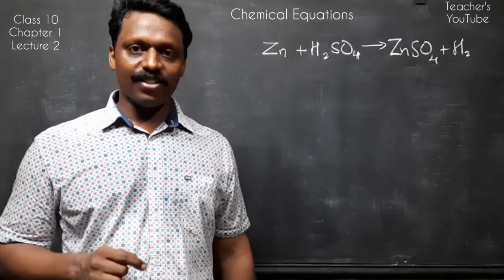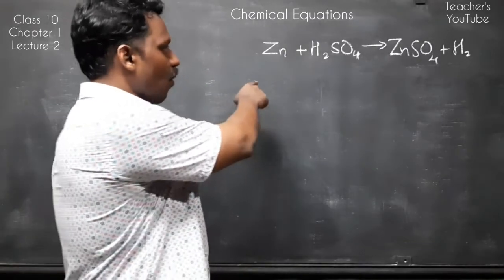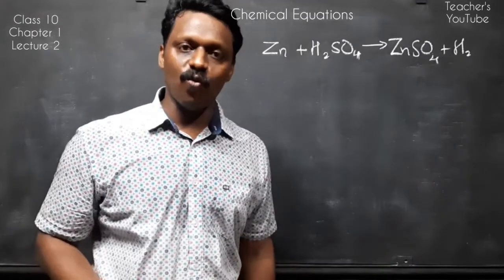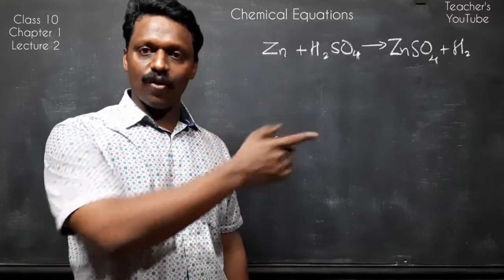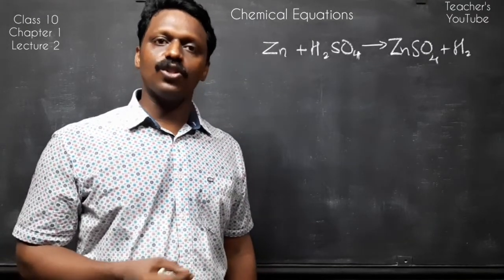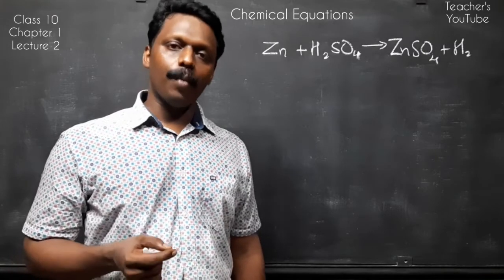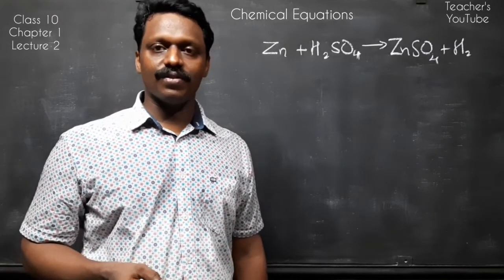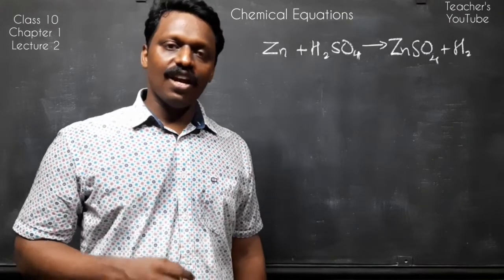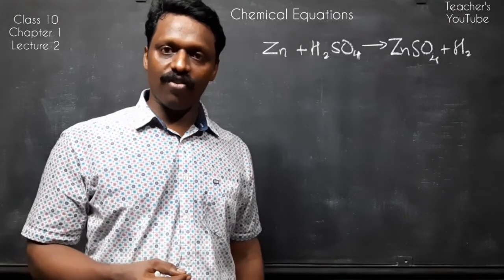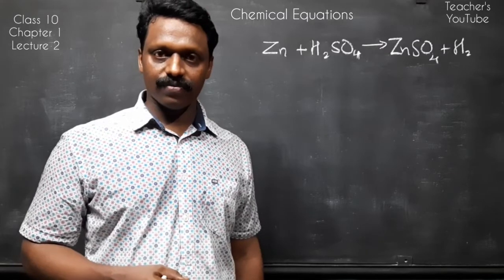Number of zinc atoms in reactants is 1, in products is also 1. Number of hydrogen atoms in reactants as well as products are 2. The number of sulfur atoms, again 1 in the reactant and 1 in the product. Number of oxygen atoms, 4 in reactants and 4 in products.